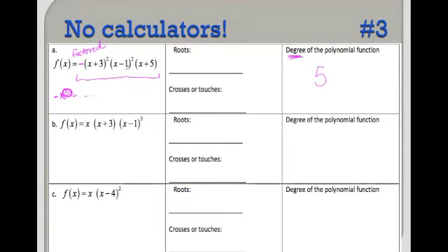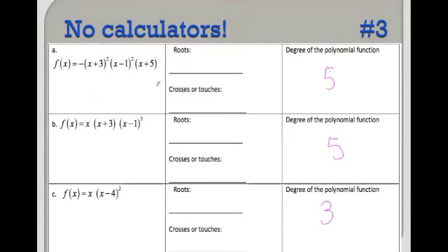However, when it's in factored form, as all of these problems are, you can just add up the degrees of the factors. So 2 plus 2 plus 1. For this one, if I add up the powers, it's 1 plus 1 plus 3 is again 5. And this one, 1 plus 2 is 3.